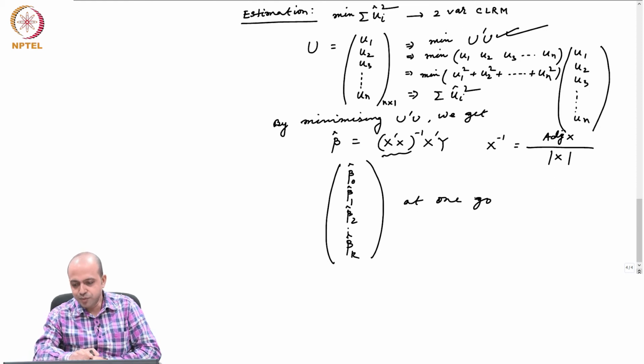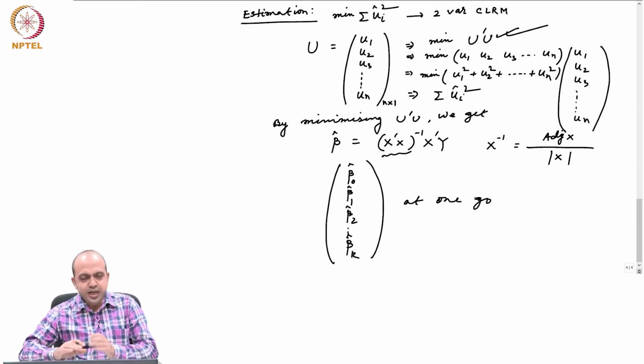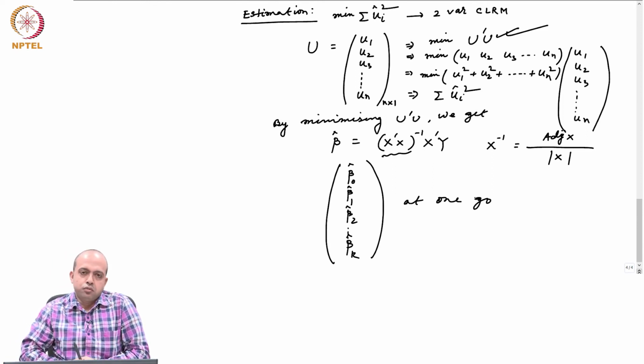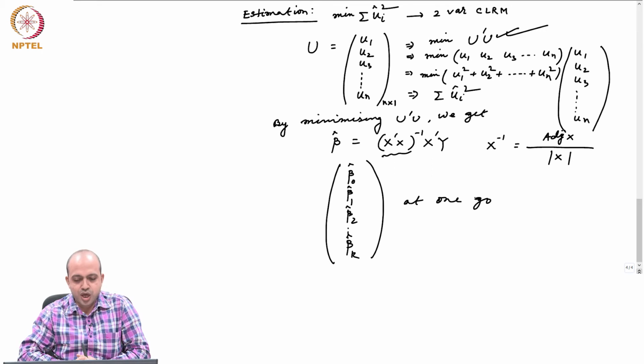In general, our approach would be to represent the equation in matrix notation, and then solve for beta hat following x prime x inverse x prime y.